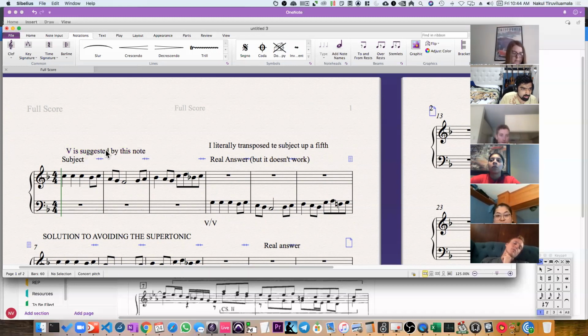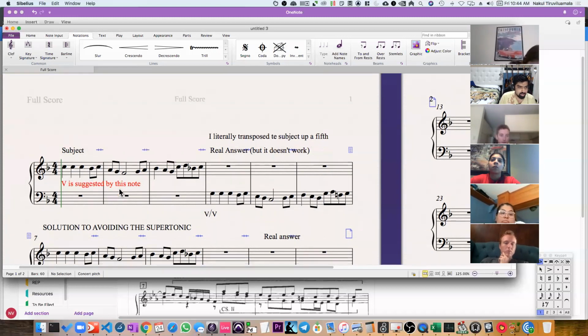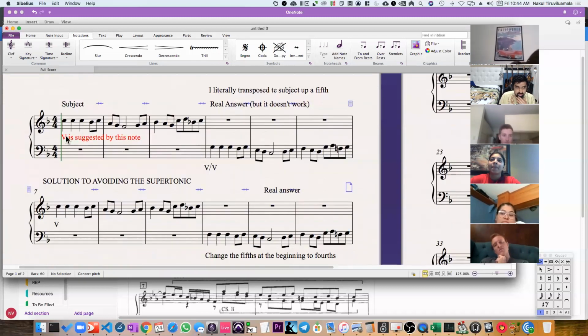Okay, so meaning right here, sorry that there's so many weird things here; once I export this, all these will go away, but sorry that it's red and alarming looking. I guess it is alarming looking, but it should be alarming. Yeah, 5 is suggested by this note, but we're still in F major. Okay?